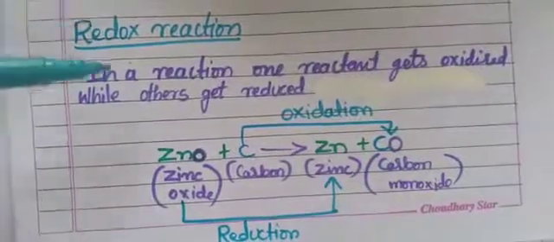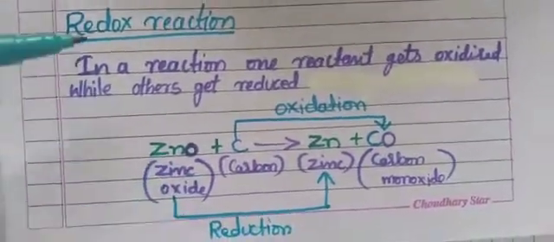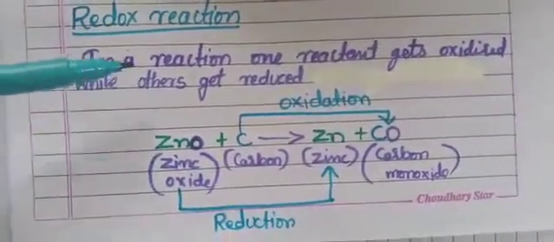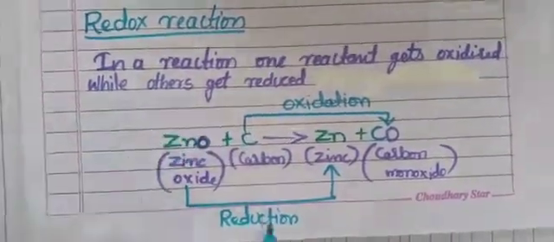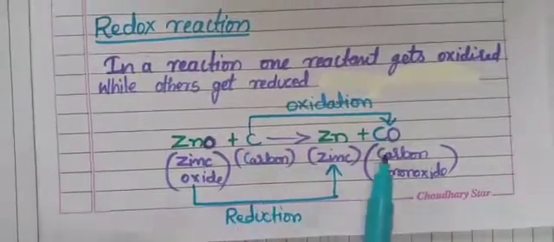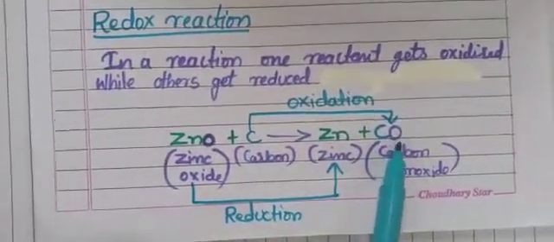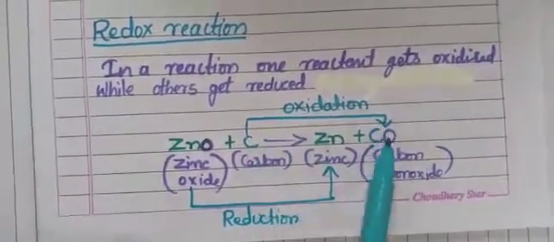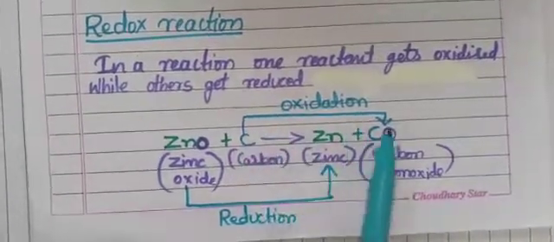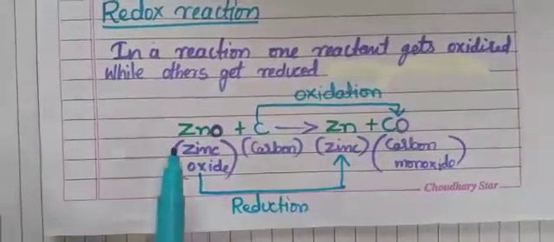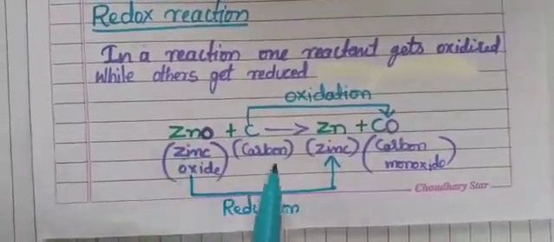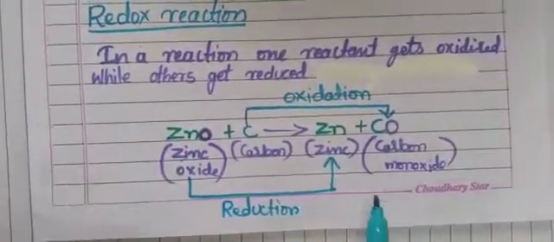Look into the reaction, children. Redox reaction means in a reaction, one reactant is getting oxidized. See here we have carbon. In the product side, we have carbon monoxide. So addition of oxygen has taken place. So this we call oxidation. And another substance is getting reduced. So reduction means what? Removal of oxygen or addition of hydrogen, whatever it may be.